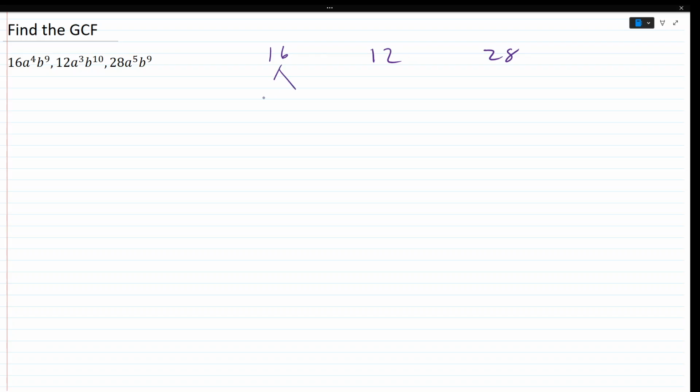16 we could think of as 4 times 4, and each of those breaks down to 2 times 2, so that'd be 2 to the 4th. The 12 is 4 times 3, which would be 2 times 2 times 3, so 2 squared times 3.